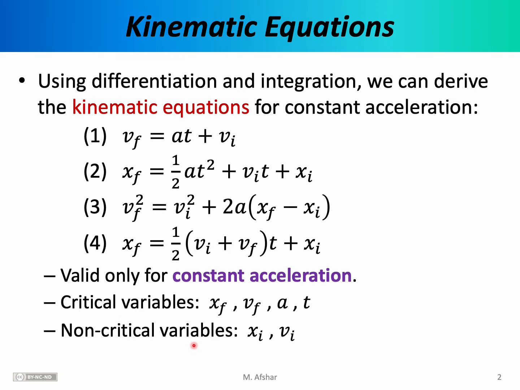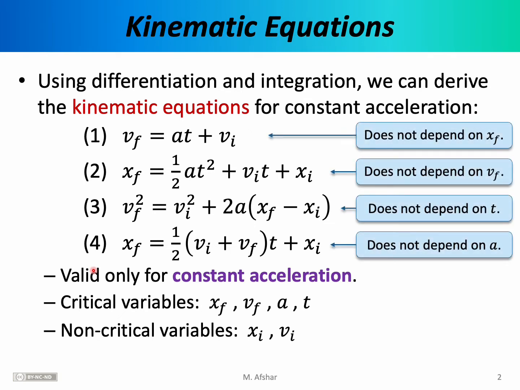Usually when solving kinematic problems, it's a good idea to make a list of the knowns and the unknowns. And looking at your list, you can usually decide whether you should be using equation 1 or equation 2, 3, or 4, or some combination of these 4 equations. As you look at these 4 equations, note that equation 1 does not depend on x final.